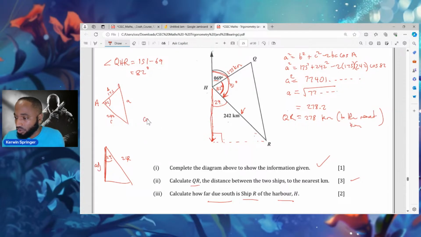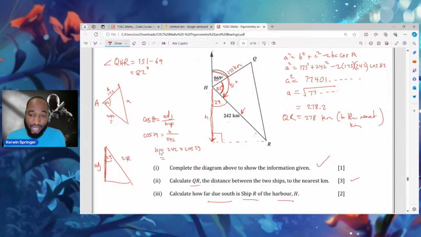So cosine of the angle is equal to the adjacent over the hypotenuse. Cos of 29 is equal to the adjacent, what I'm trying to find, let's call it h, over the hypotenuse, which is 242. So h is equal to 242 multiplied by cos of 29. And that will be your answer.